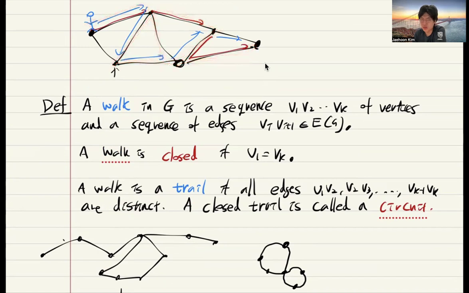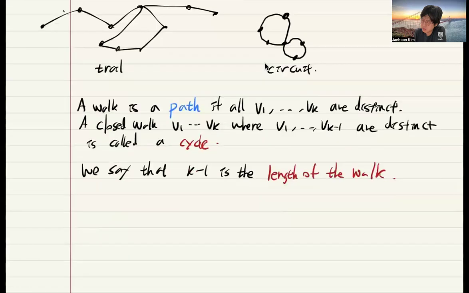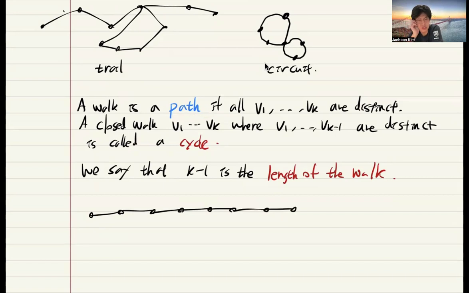From the look, it could be quite complicated looking, but a path is more intuitively straightforward to us. It's just one line with some dots in the middle because all the vertices are non-repetitive. So dealing with paths is more intuitively clear than dealing with walks.